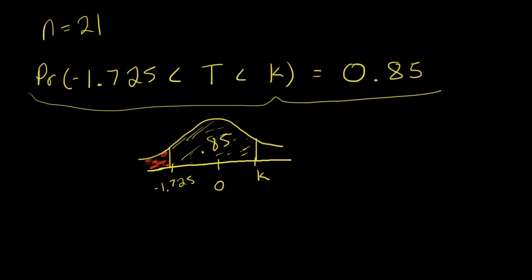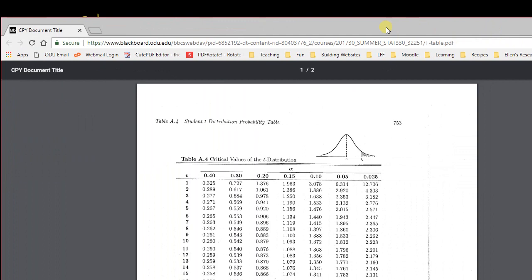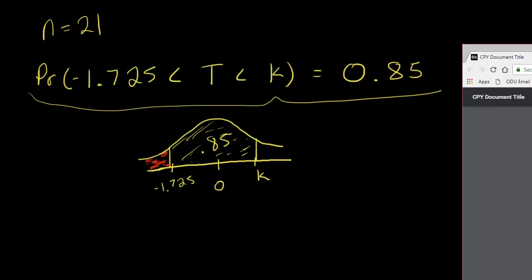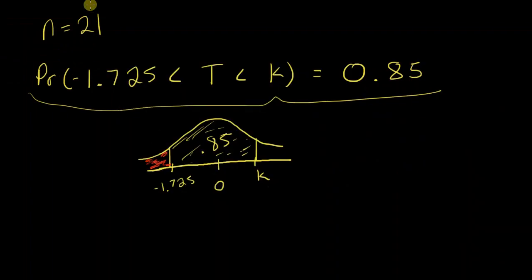All right, so let me go to my table. This little guy, nu, is the degrees of freedom. Remember, degrees of freedom is always the sample size minus 1. So in this case, the degrees of freedom, or nu, is n minus 1, so this would be 20.